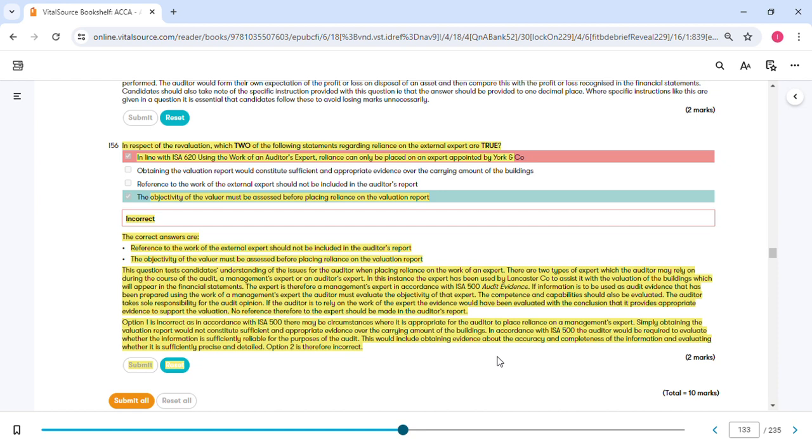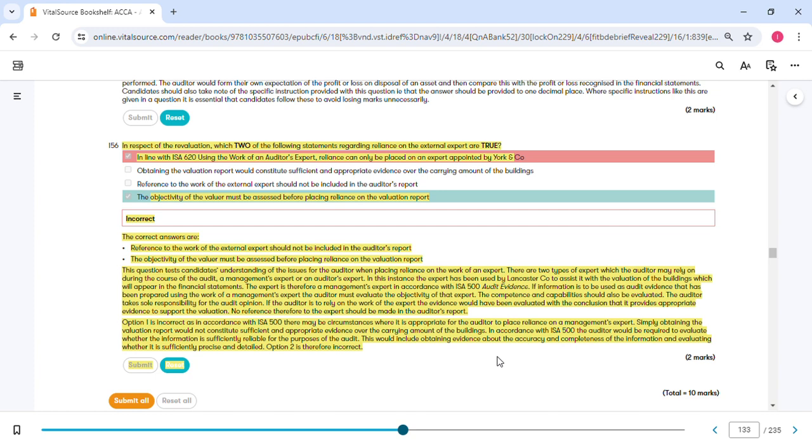The expert is therefore a management expert in accordance with ISA 500, audit evidence. If information to be used as audit evidence has been prepared using the work of a management expert, the auditors must evaluate the objectivity. There are two types of expert: one is the auditor's expert, one is the management expert.